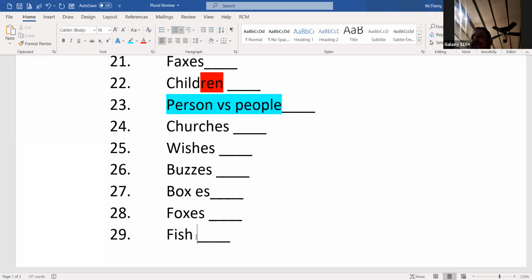Fish is singular and it is plural. If we say, I went out and caught fish, it can be one fish or it can be some fish. It can be many fish. But fish, you do not add ES. So English can be tricky.